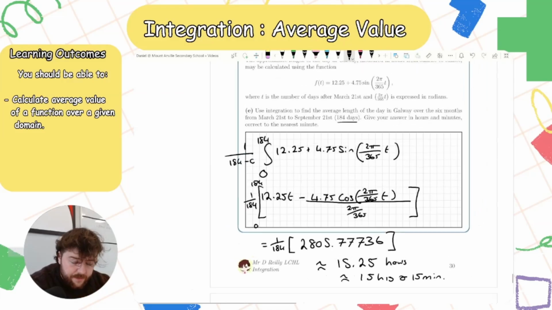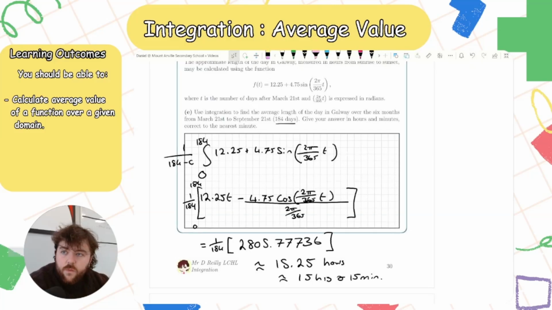Right, that one's a bit of a doozy. So that's an example there that would benefit from the function on your calculator.